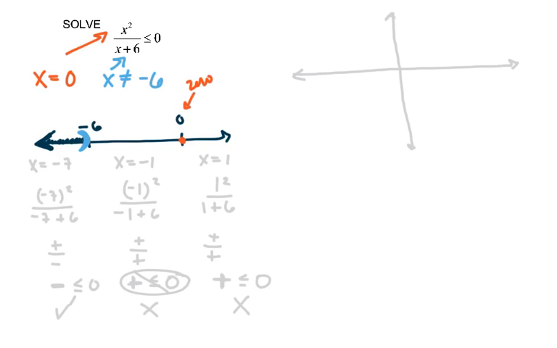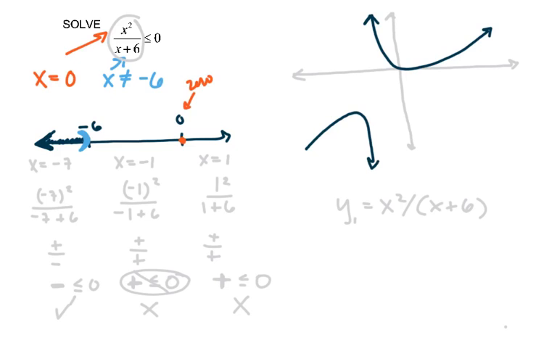If you were to graph x squared over x plus 6, if you went to your y1 and entered x squared divided by x plus 6, the graph you would get would look roughly like this. It has an oblique asymptote and a vertical asymptote at x equals negative 6. So we get something that looks like this. Got our oblique asymptote there and our vertical asymptote.